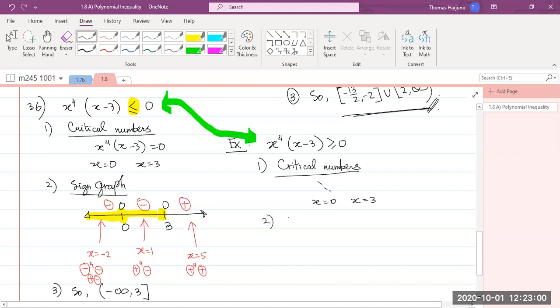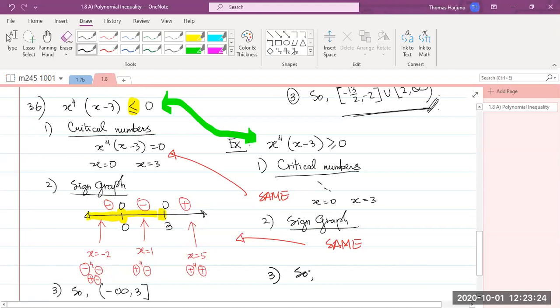Second, the sign graph will also be the same. It is the conclusion that is different.